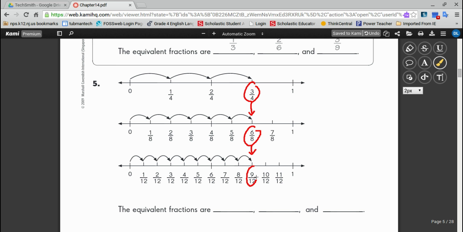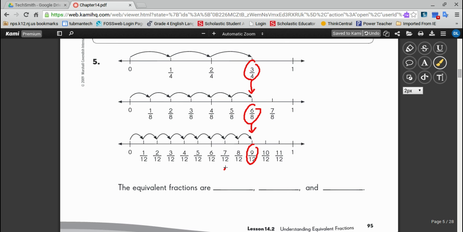And 9 over 12, because over here is the same distance from 0 to that distance over there. So your equivalent fractions are 3 over 4, 6 over 8, and 9 over 12.